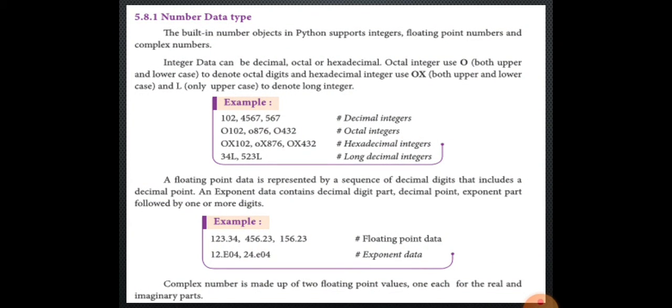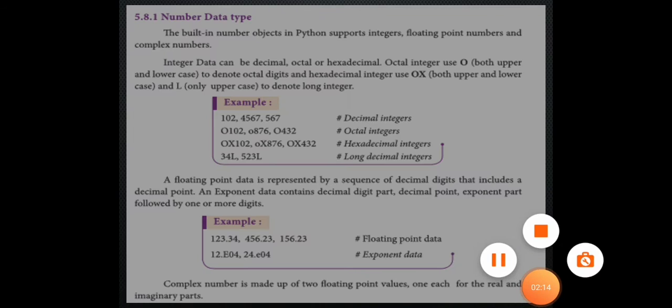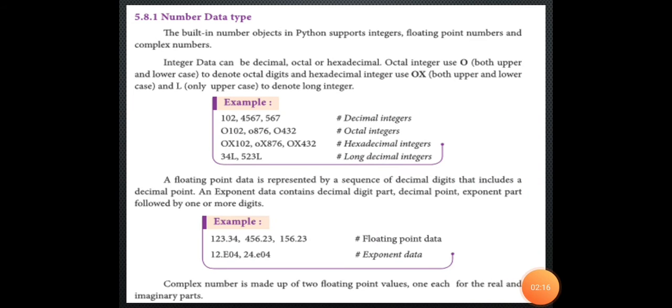The built-in number objects in Python support integer, floating point number, and complex number. In number data types, what different kinds of numbers can you store? Integer, float, and complex numbers. Integer means a whole number, that is, a number without a fraction. Floating point means a number with a fraction.